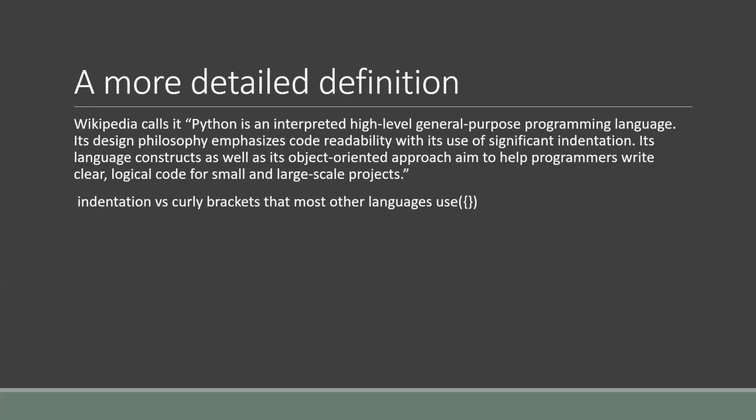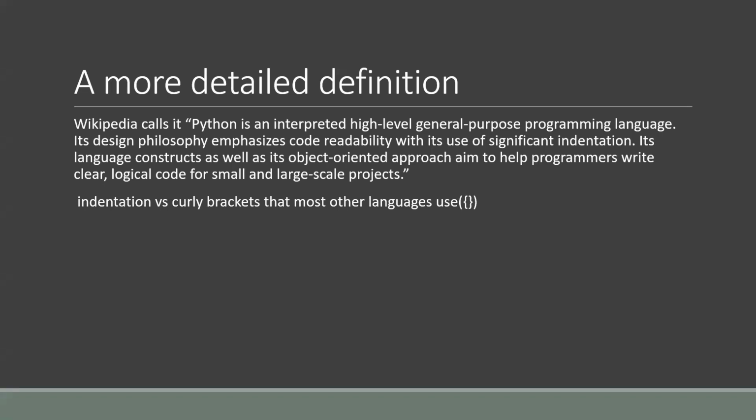So Wikipedia, I know you guys can read that. There's a little bit more in there, but some of the key things are that it's object-oriented. Another thing that makes it very different from other languages is the use, or the lack thereof, of curly brackets.